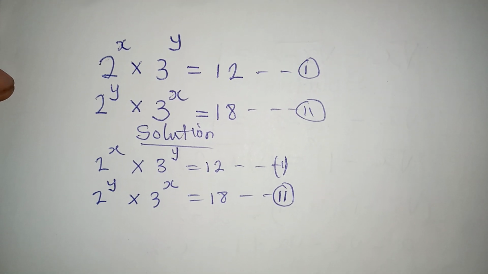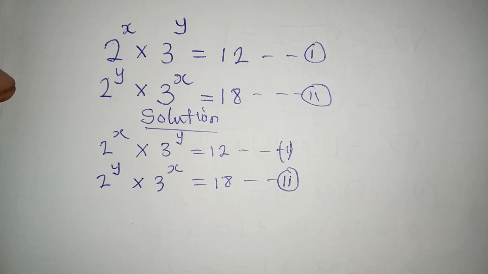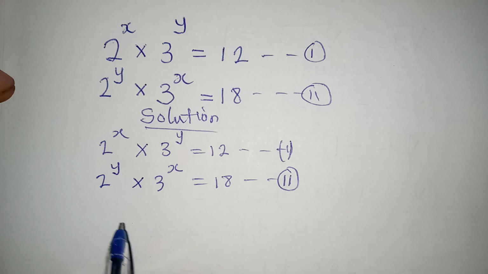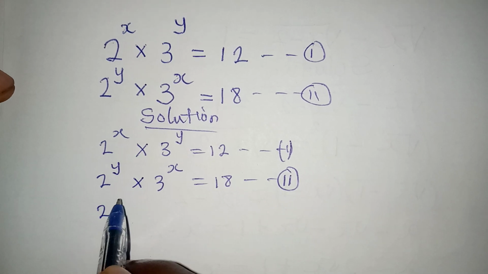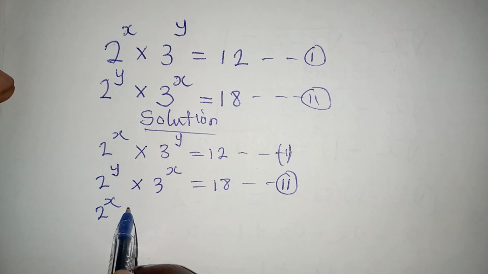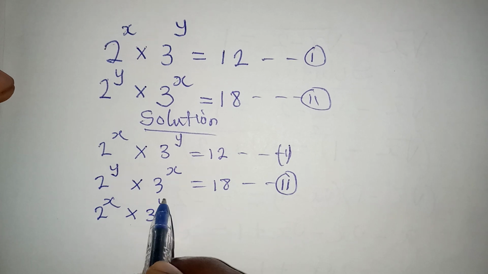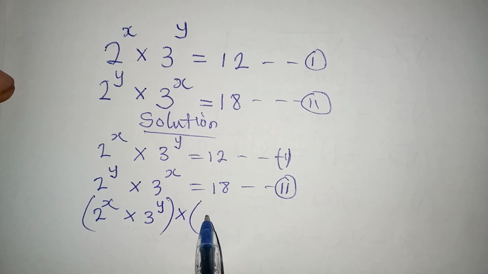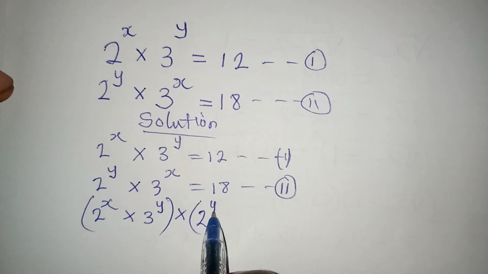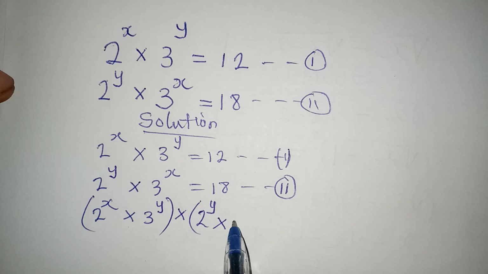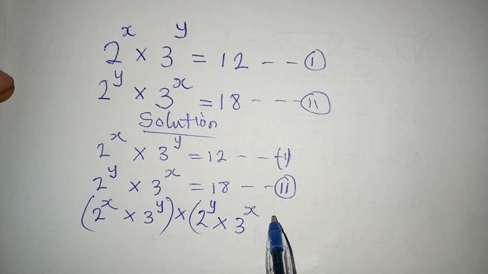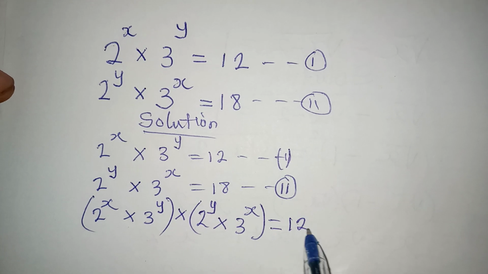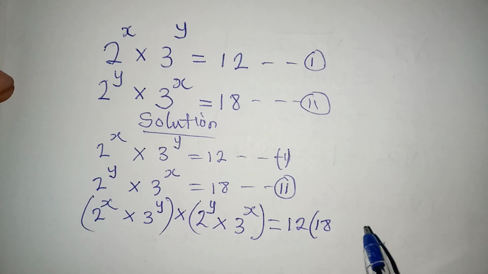Now, the first step I'm going to take is to multiply equation 1 by 2. So that means I will have 2 to the power of x times 3 to the power of y, multiplied by 2 to the power of y times 3 to the power of x, and this will be equal to 12 multiplied by 18.